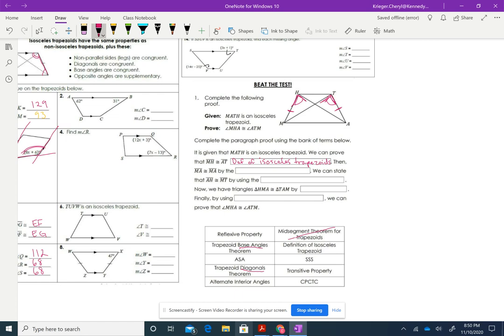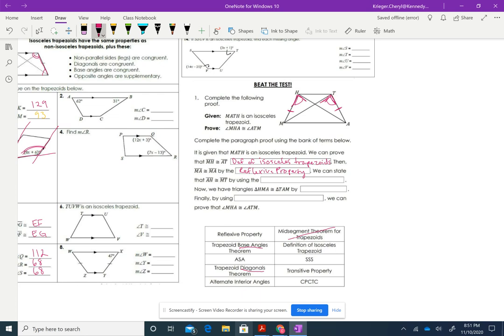So then state that MA is congruent to MA by the reflexive property. We can state that AH and MT are congruent.